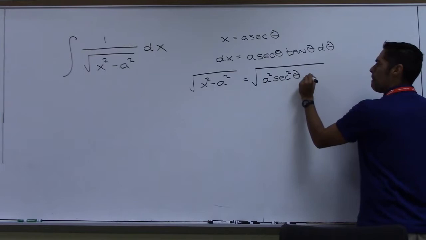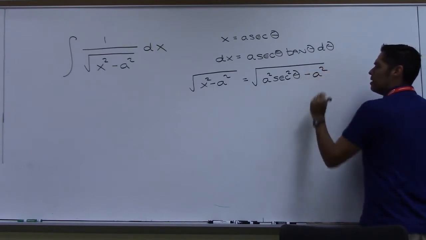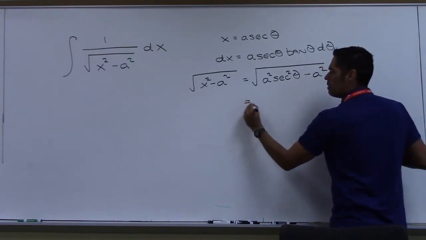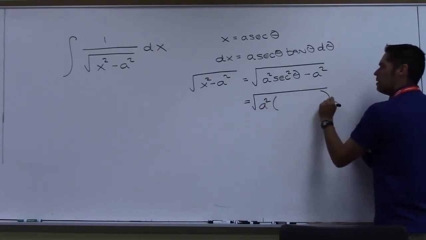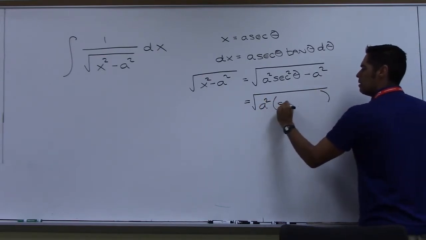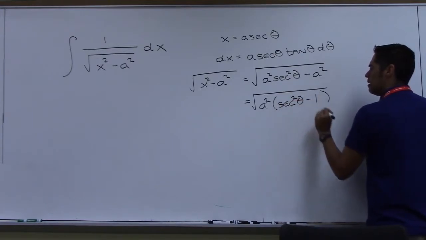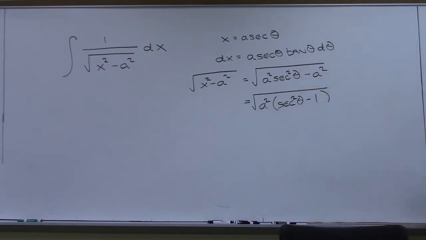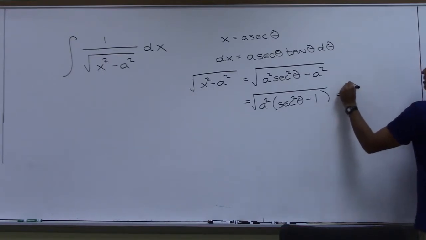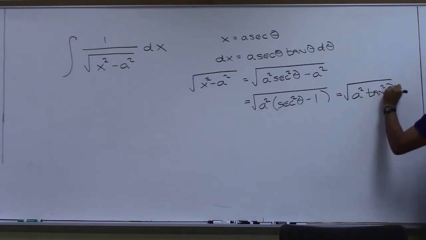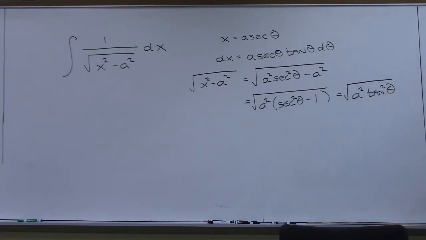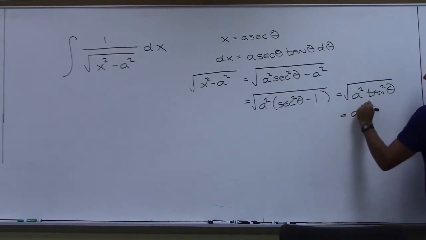And then minus a squared. What do you want me to do with that? Take out an a squared, which would leave you with secant squared theta minus 1. Okay, good? Any recollection of what that is? Tangent squared. So square root of a squared tangent squared theta. All right? So it's going to be a tan theta. Good, good.